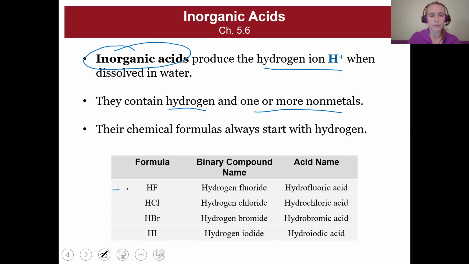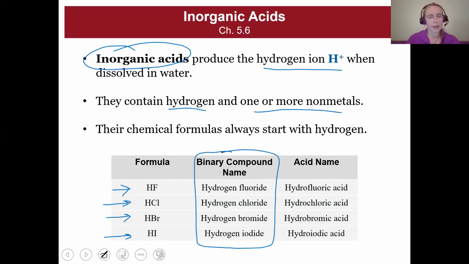So here's some of those inorganic acids. So HF, HCl, HBr, HI, these are all inorganic acids. They start with H, and the binary compound name, the IUPAC name that we would call them, this is what we would call the gas form of these molecules. And that is just hydrogen fluoride, hydrogen chloride, hydrogen bromide, hydrogen iodide, just like we learned the nomenclature a couple slides ago.